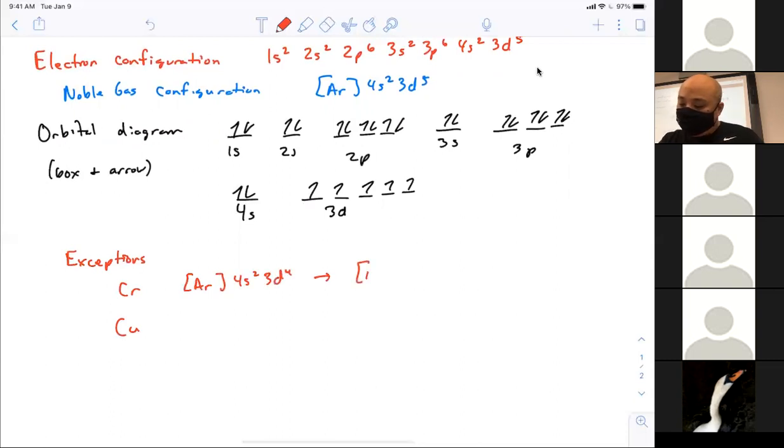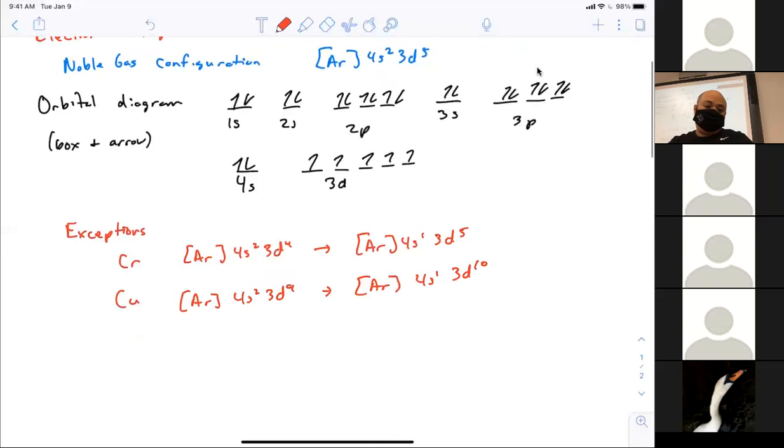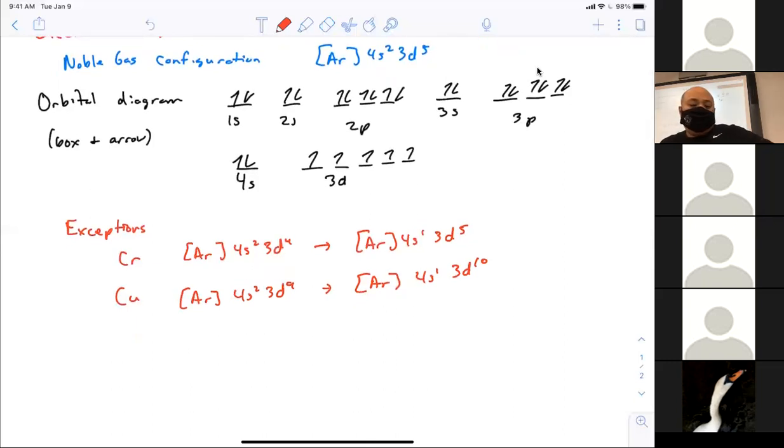It becomes Ar 4s1 3d5, because the one electron moves over and now the 3d is half full. Cu becomes Ar 4s1 3d10. So really key thing, the IB wants to make sure that you know those exceptions to the rule. Okay.